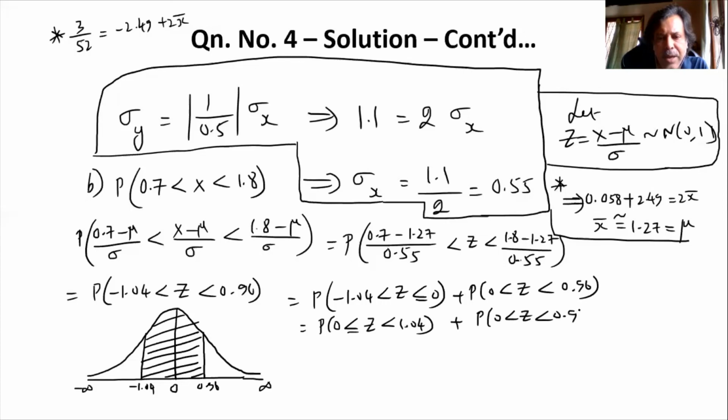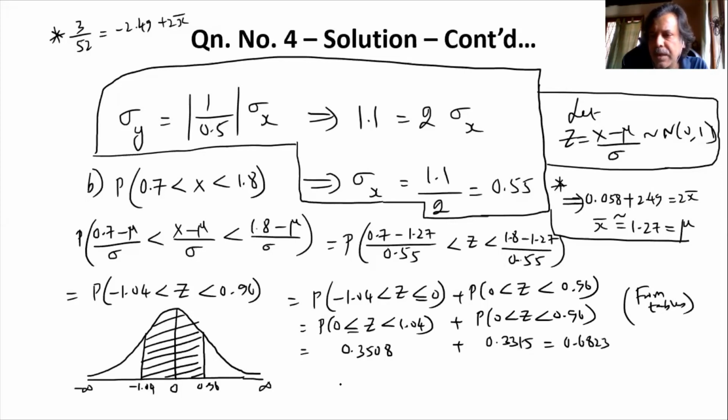Now for z values of 1.04 and 0.96, we can get the probability values from the table. For the first one, 1.04, the table value is 0.3508. And for 0.96, the table value is 0.3315. I got these two values from the tables. So the total will be 0.6823.